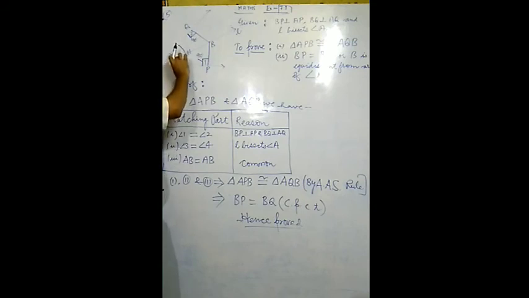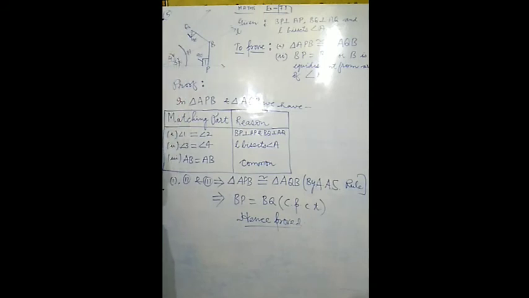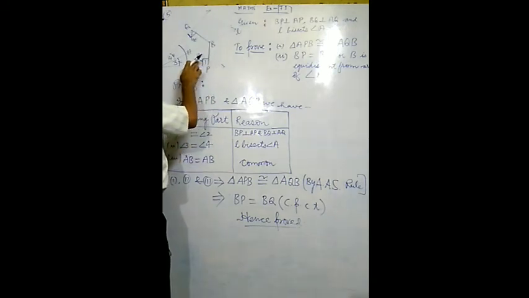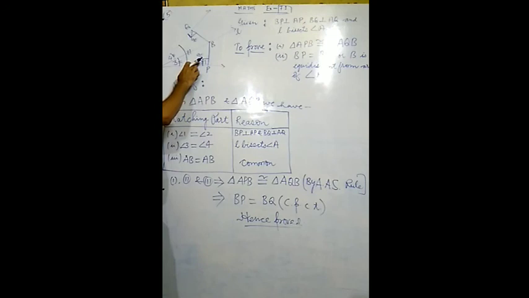So angle 3 equals angle 4 because this one is the angle bisector, and you know the property of an angle bisector: it bisects the angle into 2 equal parts. Again see, if BP is perpendicular, an angle of 90 degrees is formed.